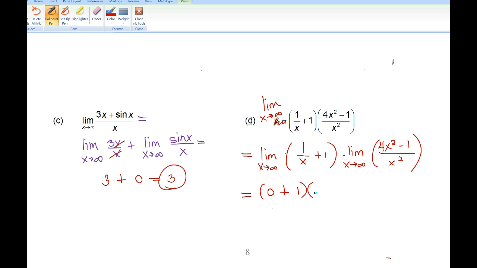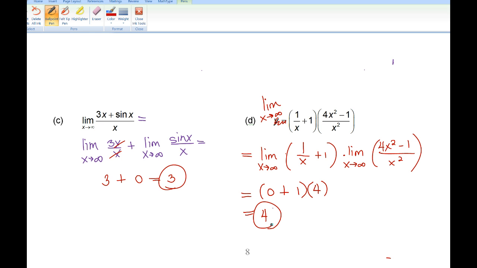So we're just left with 4. So the whole thing becomes 1 times 4. Wait, why is the 1 over x plus 1? Questions? How do you get 4 for this second parentheses? The degree of the numerator and denominator were the same, so you just do 4 over 1. And then minus 1. The minus 1 goes away.